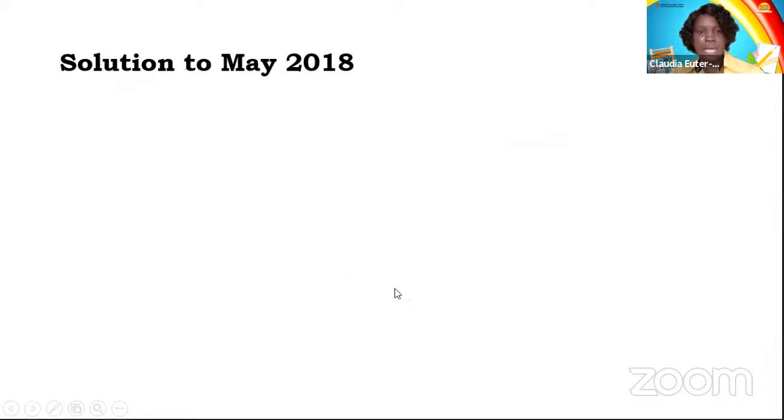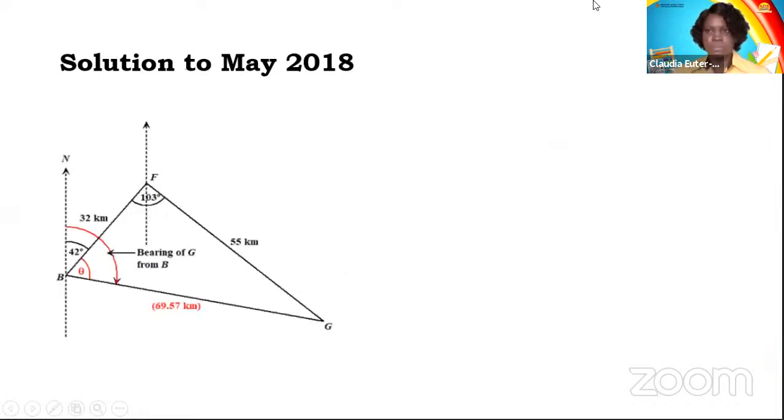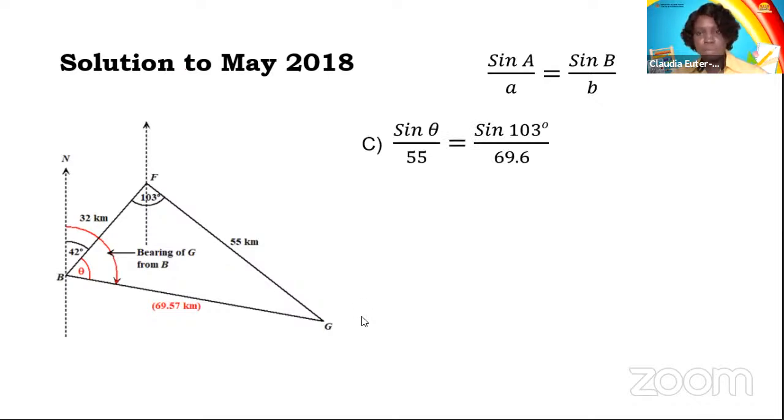And let's look at the last one. We're going to move on to another question. This is when you apply the sine rule. I'm going to go through this one, and then you're going to attempt the other one. All we're going to focus on is, how do I know which one to use? Based on what I am given, I am asked to find an angle here. The angle pair is known.